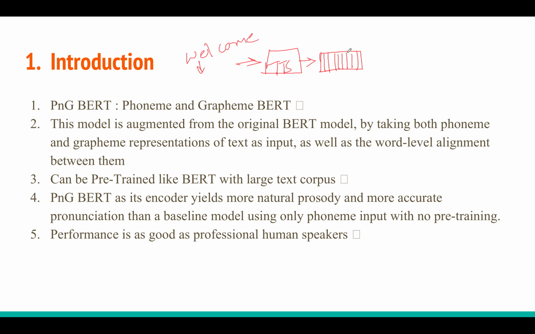These feature vectors are fed into something called a vocoder, which generates the one-dimensional raw audio signal which we can listen to. That is the whole setting of the TTS engine.